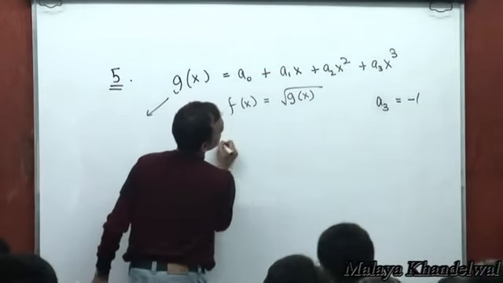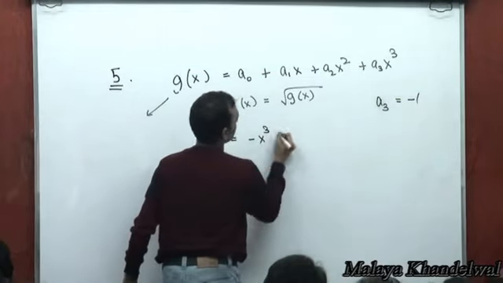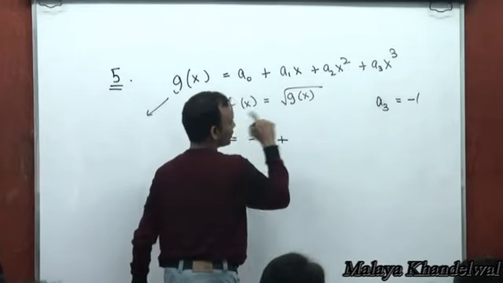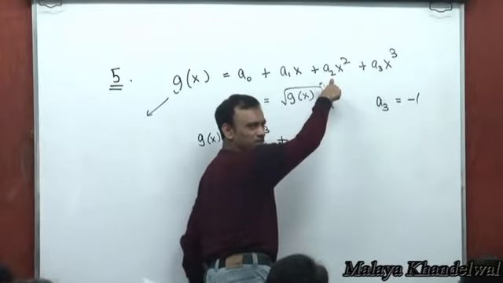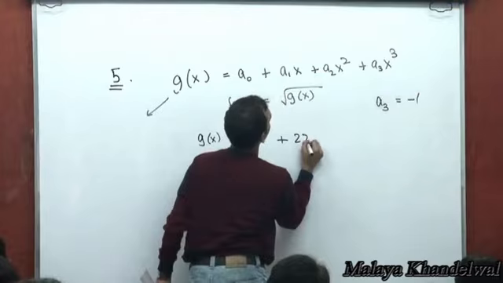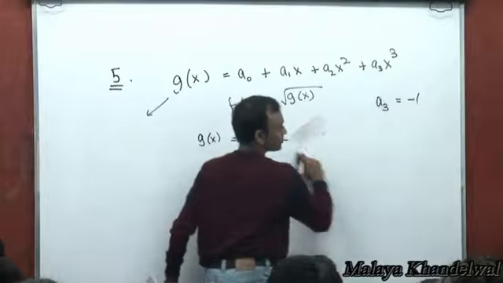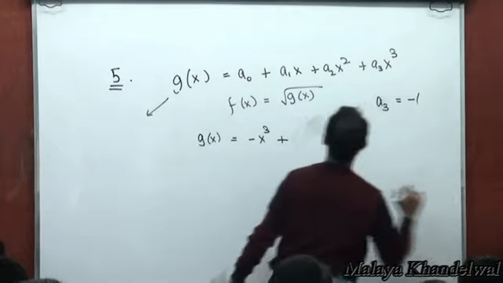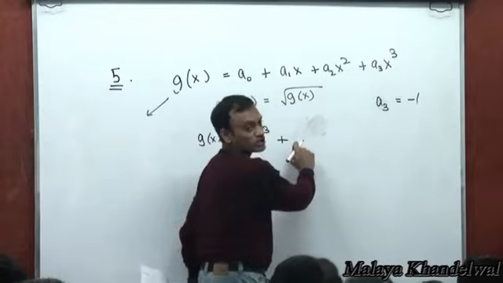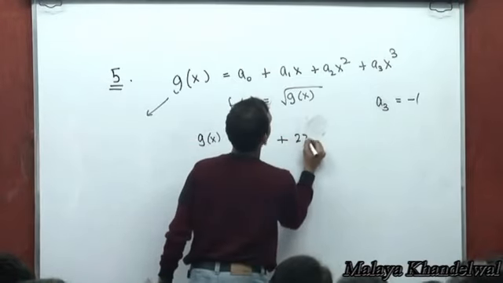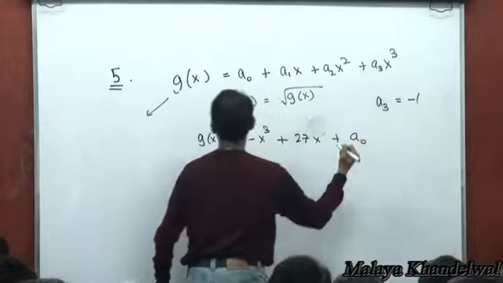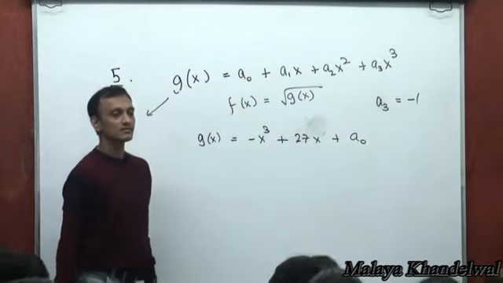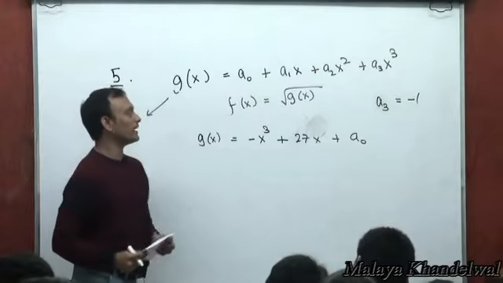So g of x is minus x cube, a2 turned out to be 0, and a1 was 27, so plus 27x plus a naught. That's g(x), right?